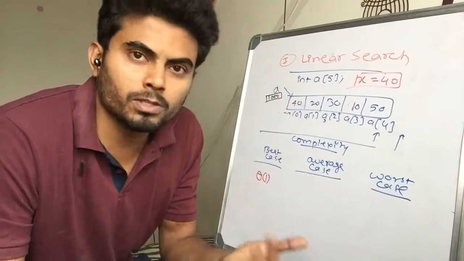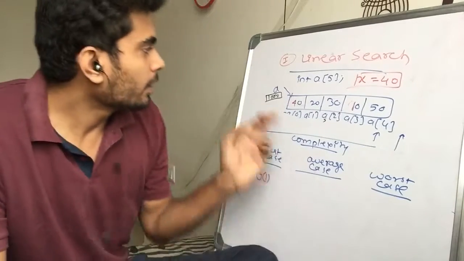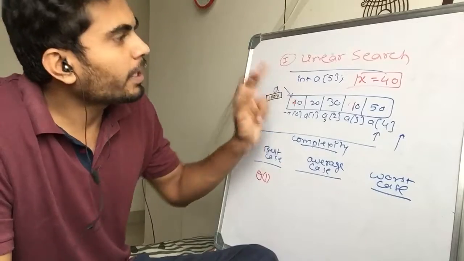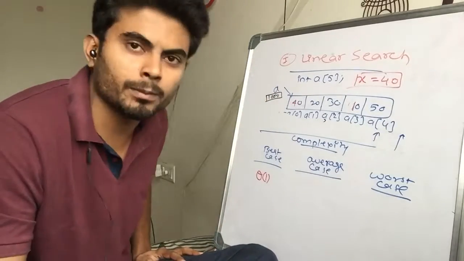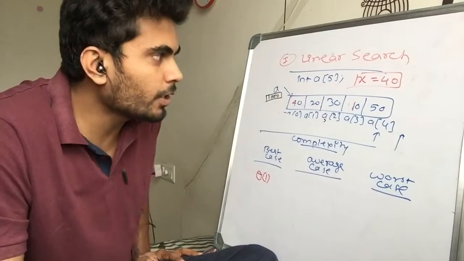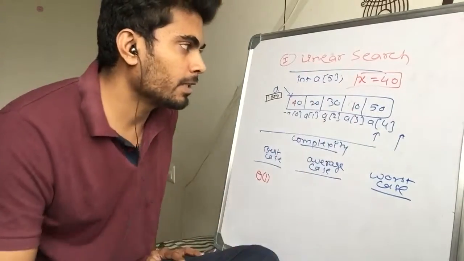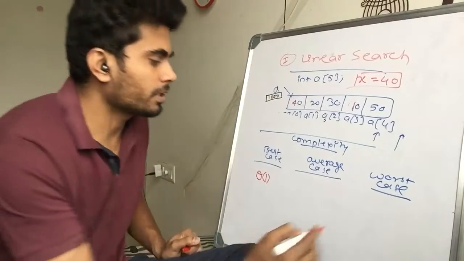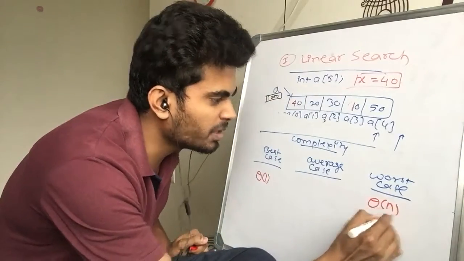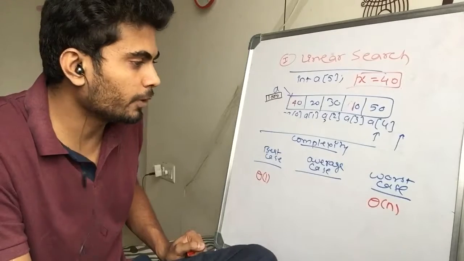And what is the worst that this algorithm can do? That you are comparing, and at the end of the array you find that either that element is not in this array, or that the last element is the element we are looking for. So that's the worst case. This is the worst that this algorithm can do.